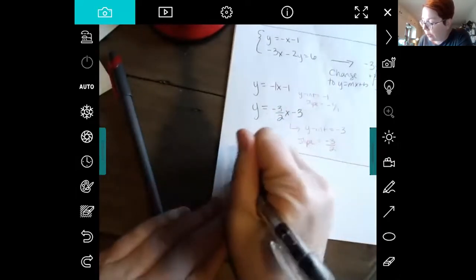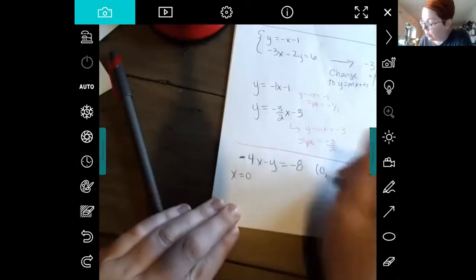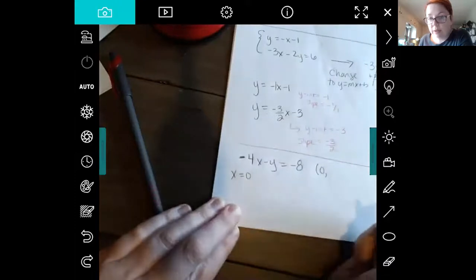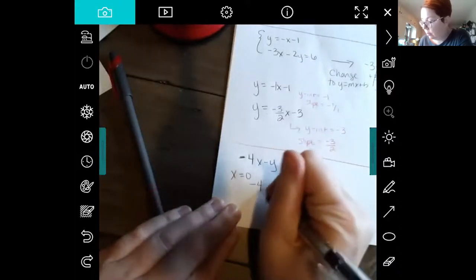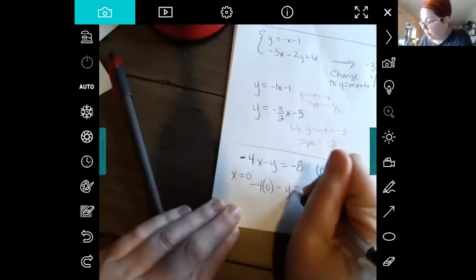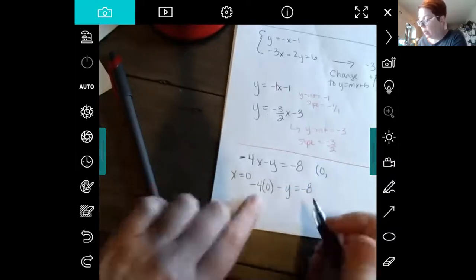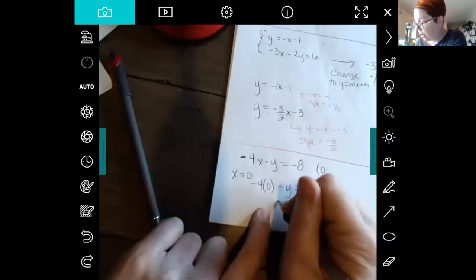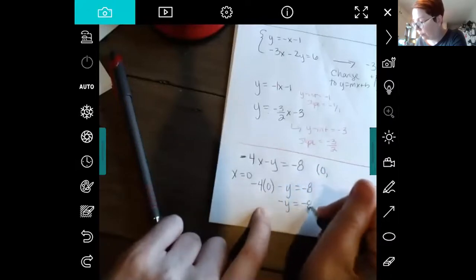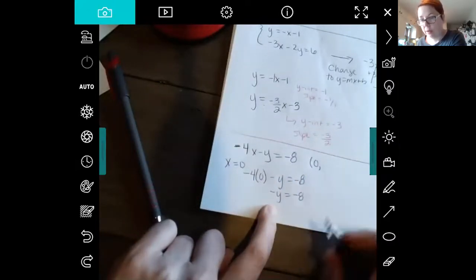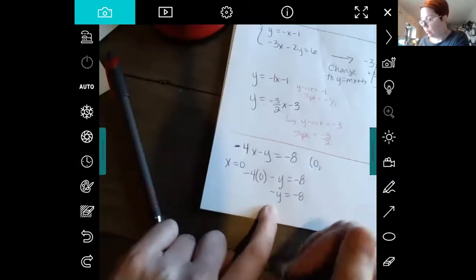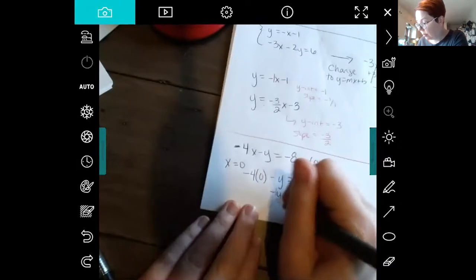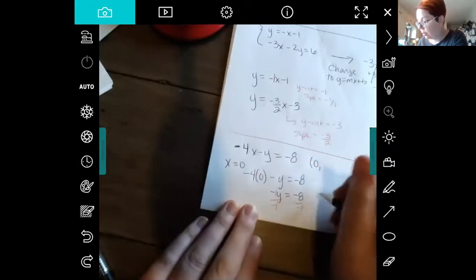So I'm going to put here x is 0. So when x is 0, what's my y going to be? So I plug in 0 for x. Okay. This is 0. Anything times 0 is 0. But I still have negative y equals negative 8. Well, I don't want negative y. I want positive y. So if I think about that negative 1 in front, I'm going to divide everything by negative 1.